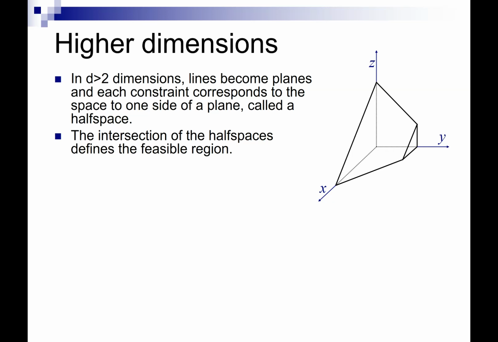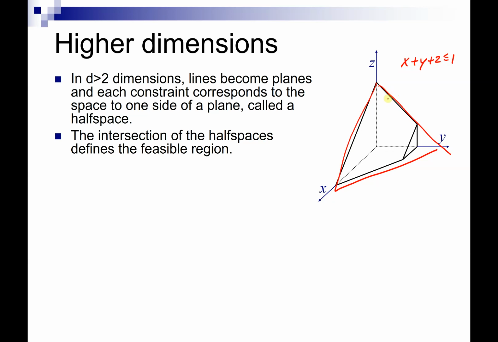So for example here, we have two constraints. We have this constraint over here, which is given by a plane. For example, the plane might be something like x plus y plus z equals 1. And if we want everything which is facing away from us, those would be all the points where x plus y plus z is less than or equal to 1.